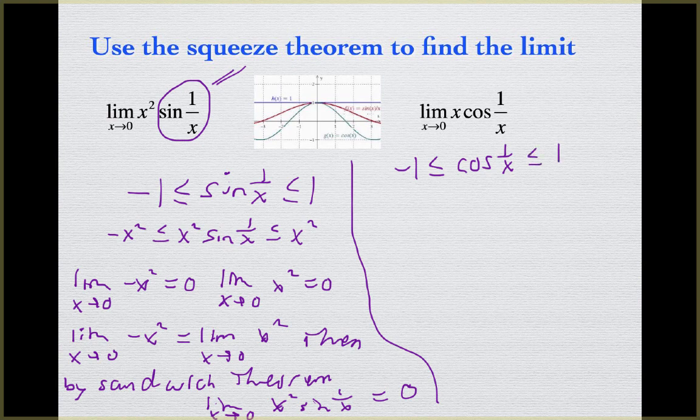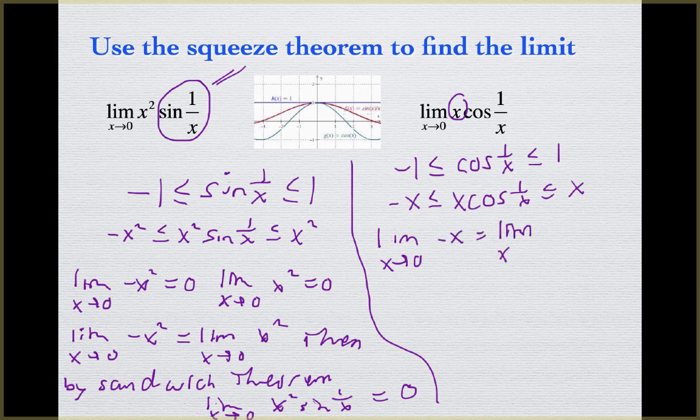We then multiply this by x, so we have -x less or equal to x cosine 1 over x less or equal to x. We then take the limits of the outside functions. Limit as x approaches 0 of -x equals the limit as x approaches 0 of x, which equals 0.